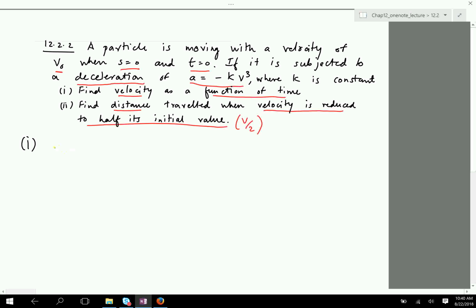Okay, so first question, we are asked to find velocity as a function of time. Okay, that's the question. So we know the acceleration, it is minus kv cubed. Okay, since we want velocity as a function of time, I would sub in the value for acceleration, which gives me velocity as a function of time, which is dv dt, and then try to integrate so that I'll get v as a function of t.